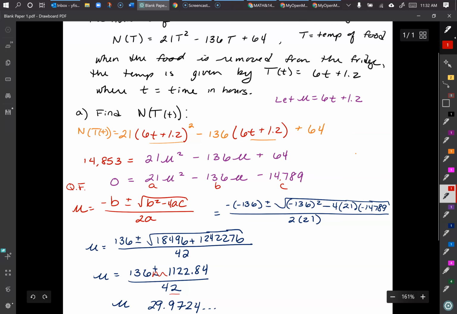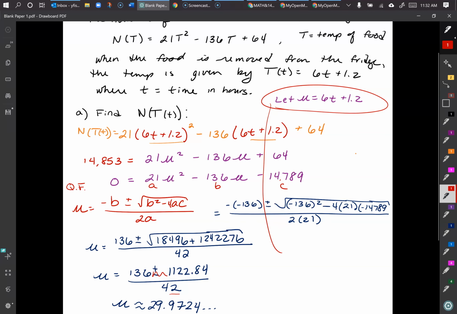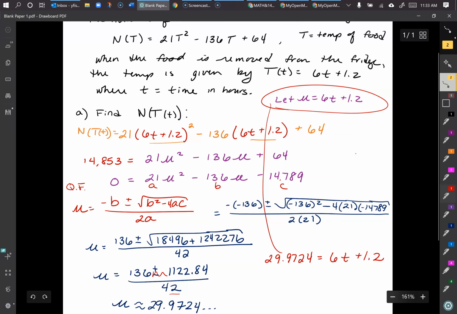This is just what u is, but remember that u is equal to 6t plus 1.2. So let's see what that comes out to be. I'm plugging in 29.9724, rounding off there for u.